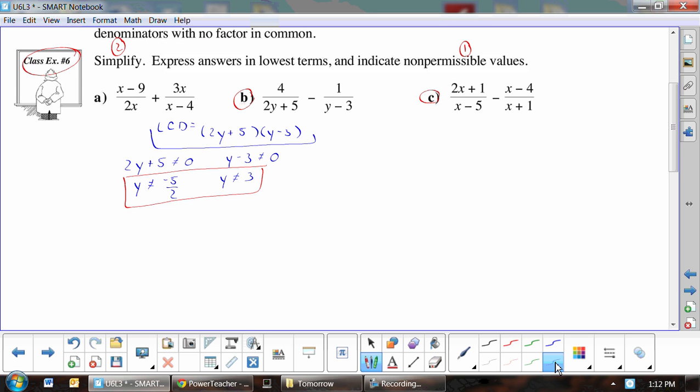And then, because we know that our lowest common denominator is this right here, we know that we have to multiply the top and the bottom by y minus 3 on this side, and then 2y plus 5 for this one.